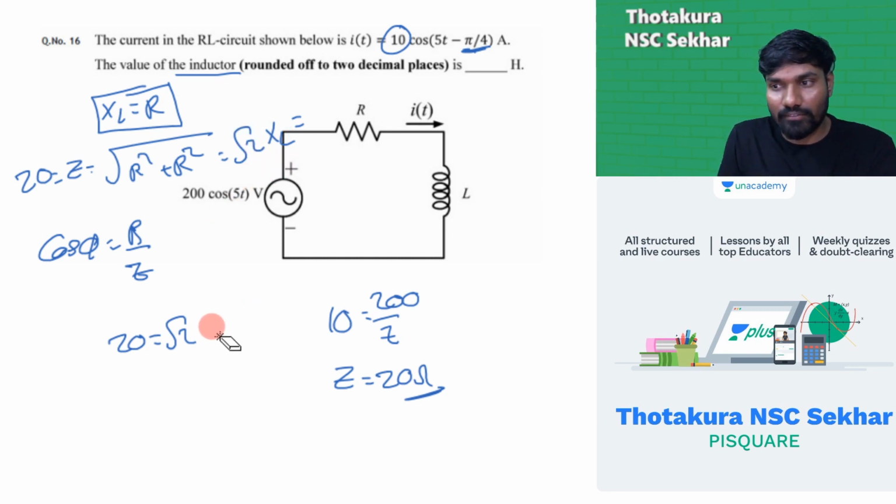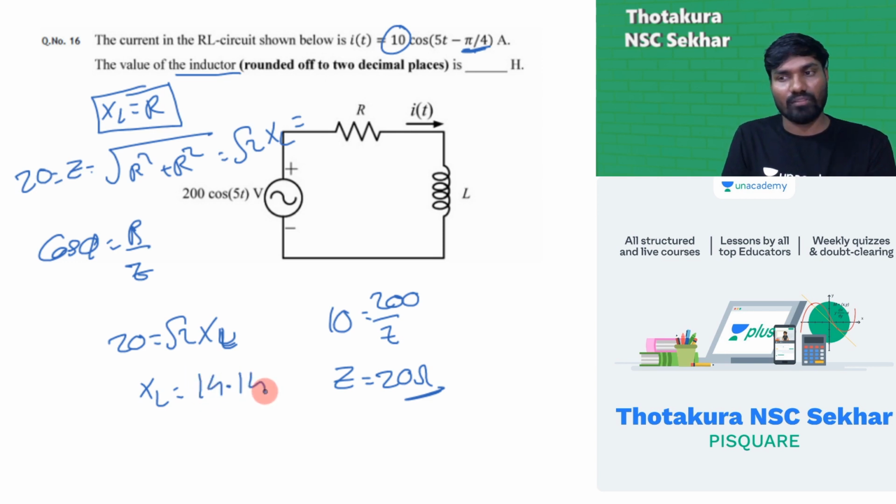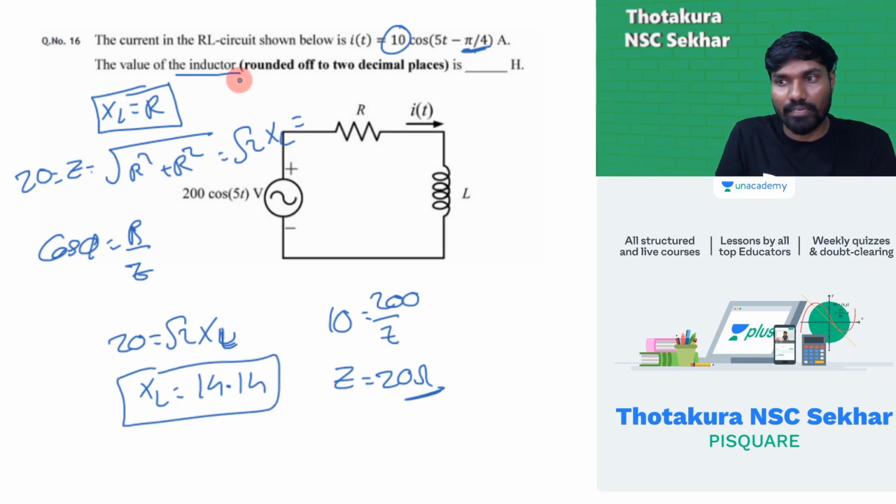So in place of R, I am putting XL. From this, XL is equal to 20 by root 2. 10 by root 2 is 7.07, into 2, just calculate, you will get 14.14. 14.14 is XL.